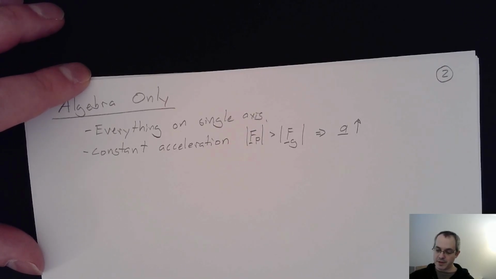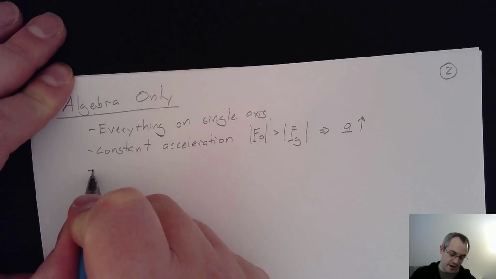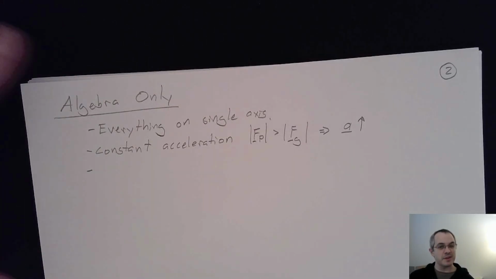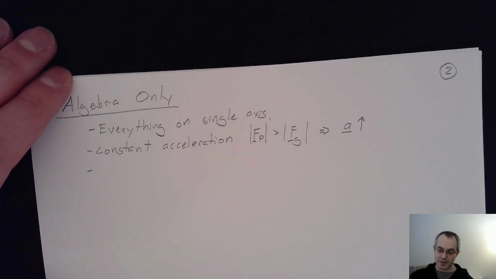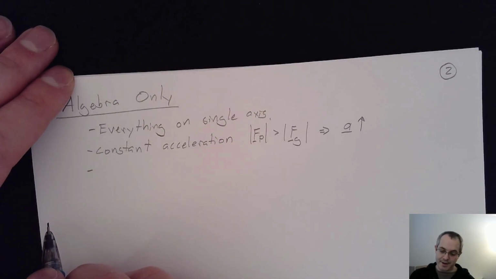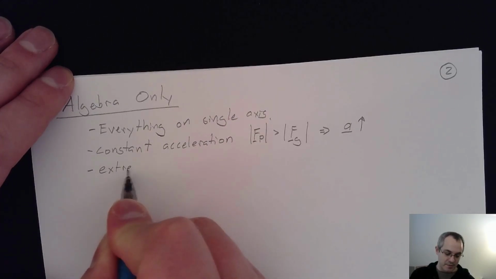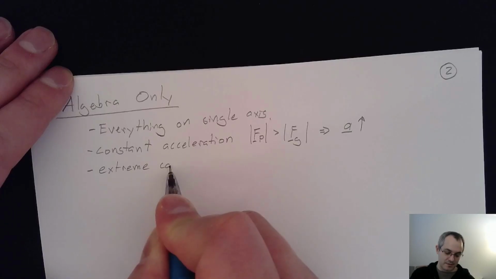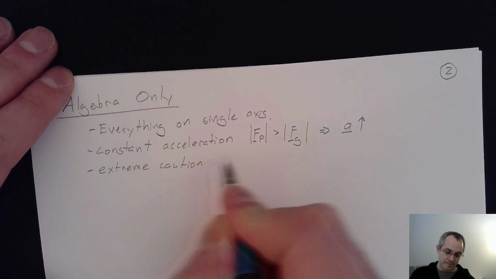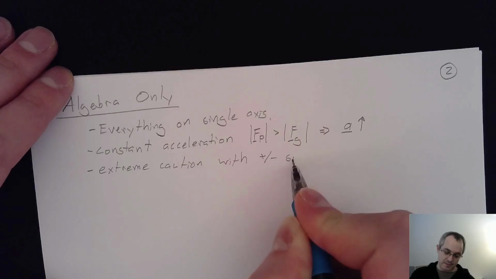We also have to be very, very careful with plus and minus signs. Maybe it's a personal problem of mine, but I always seem to struggle with figuring out what to do with these plus and minus signs when we make a lot of assumptions here. So I like to say extreme caution with plus and minus signs.